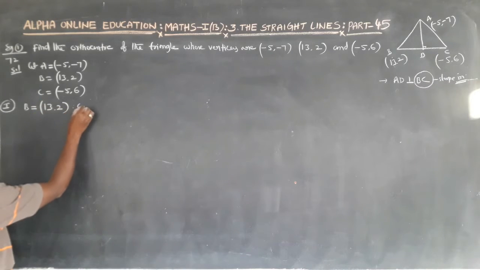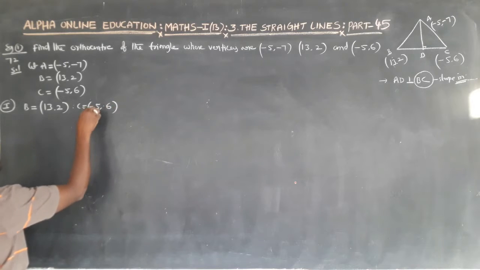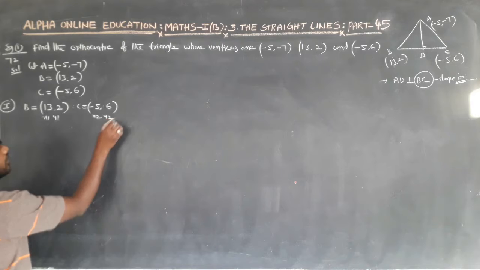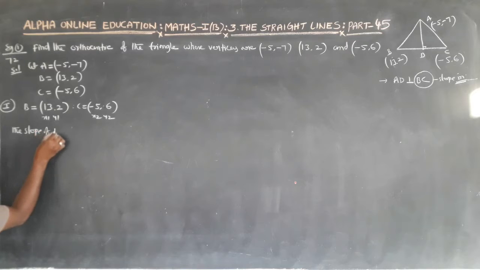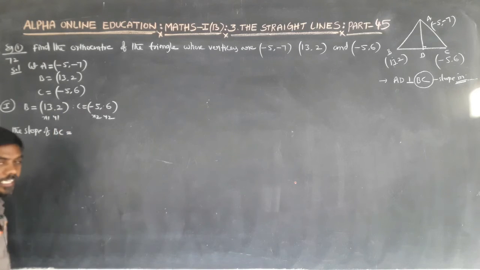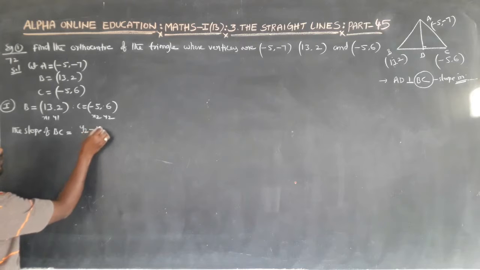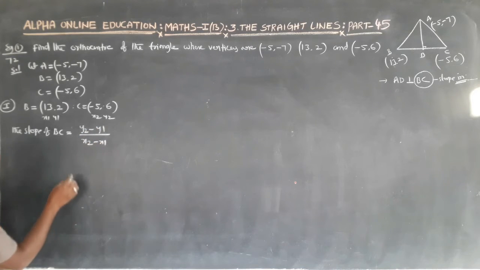B is the point (13, 2), C is the point (-5, 6). Let B be (x1, y1) and C be (x2, y2). The slope of the line joining the two points is (y2 minus y1) by (x2 minus x1).